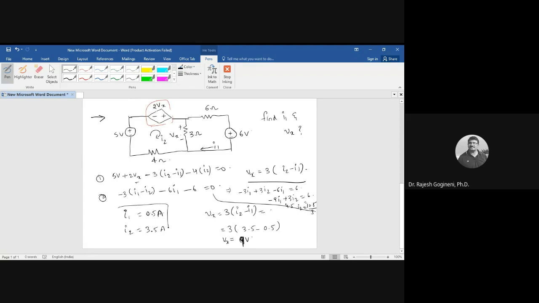So I1 is 0.5 amperes, I2 is 3.5, Vx is 9 volts. Okay. Did everyone finish the problem? I1 is 0.5 amps, I2 is 3.5, and Vx is 9 volts.